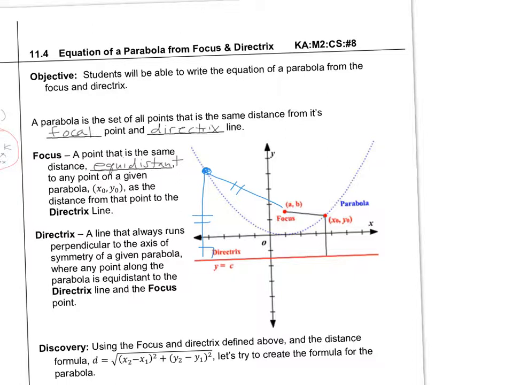That's how it's defined. And what's really interesting about this too is if you were to actually have some actual parabolic shape, and you had some light rays shining down, like you may see this in light bulbs and stuff like that, they would all bounce and hit this focus. That's what's pretty cool.